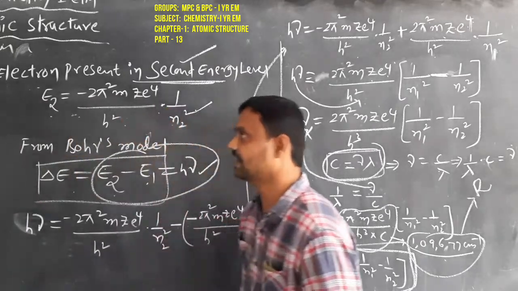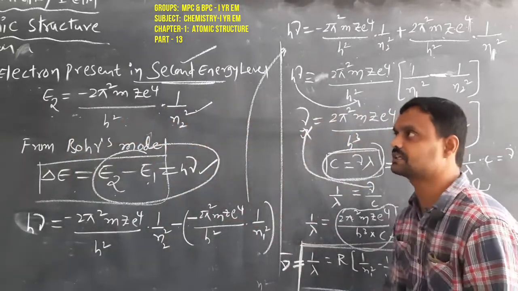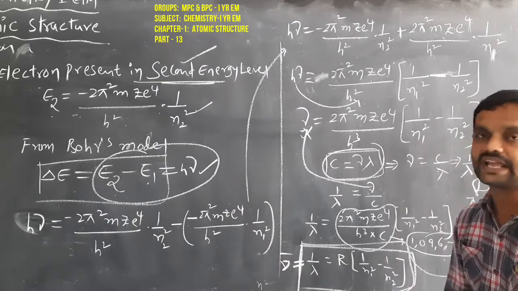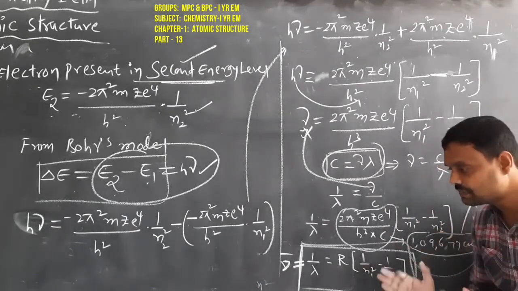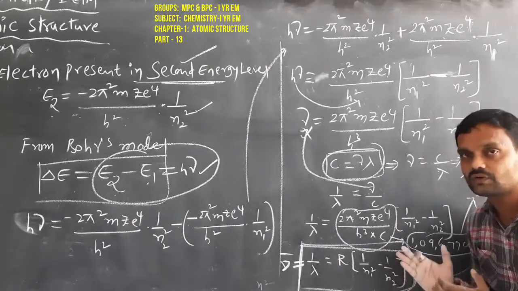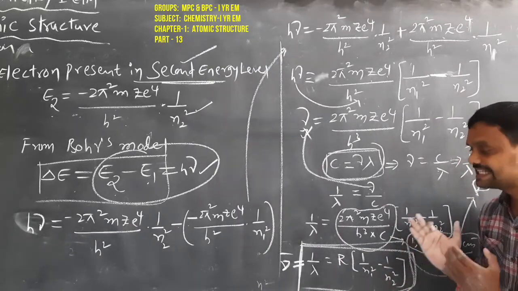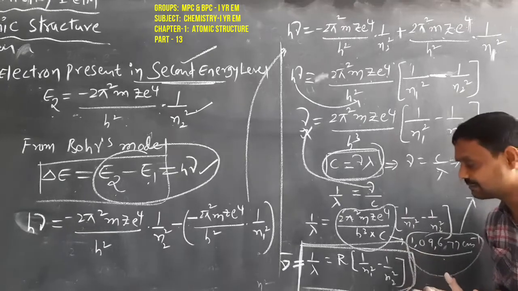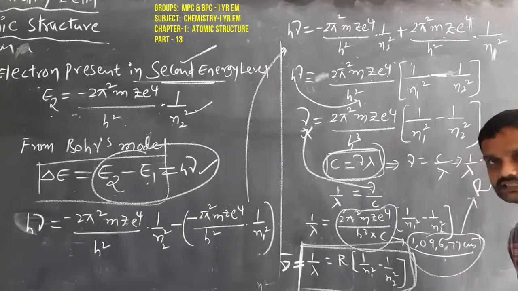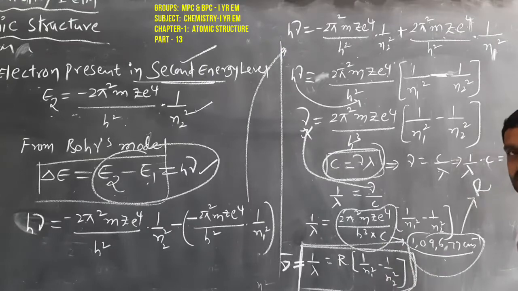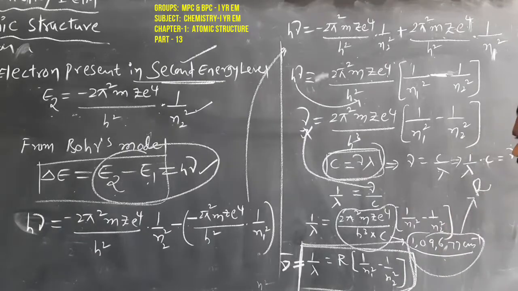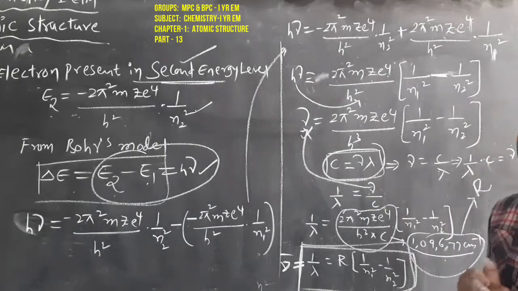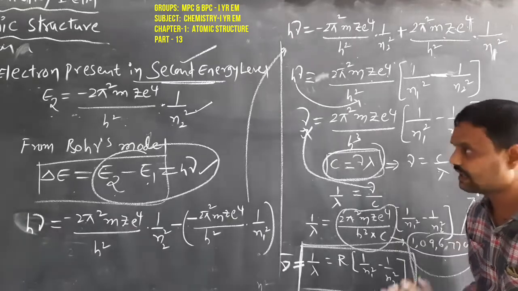This is the final equation, Bohr's explanation for hydrogen atom spectral lines. The wave number or wavelength of the hydrogen spectral lines can be determined using this equation.